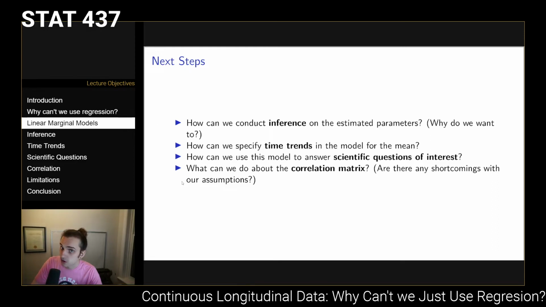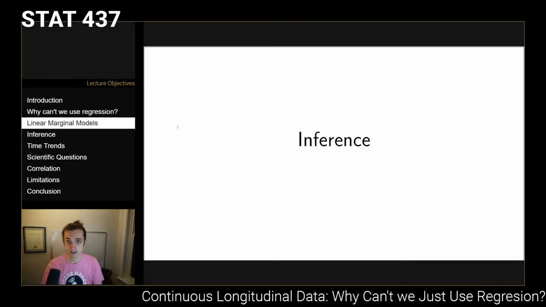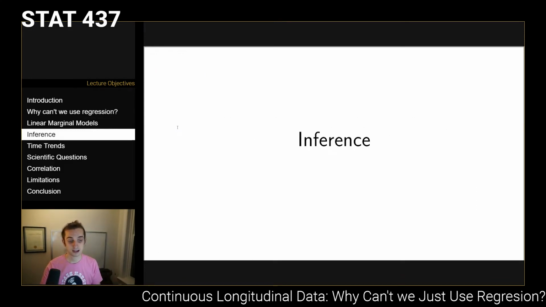To do that, we have to think about the variance structure and the mean structure as a matrix times a vector and so on. Now we're at the point where we want to see, does this modeling approach make sense? That's what the rest of this lecture focuses on. The first piece we're going to talk about is inference. How do we conduct inference from these marginal linear models?